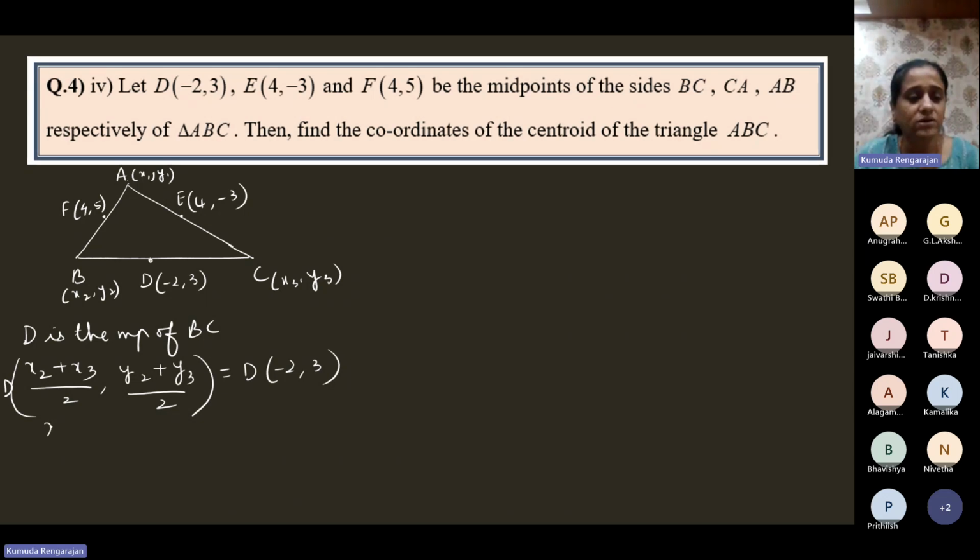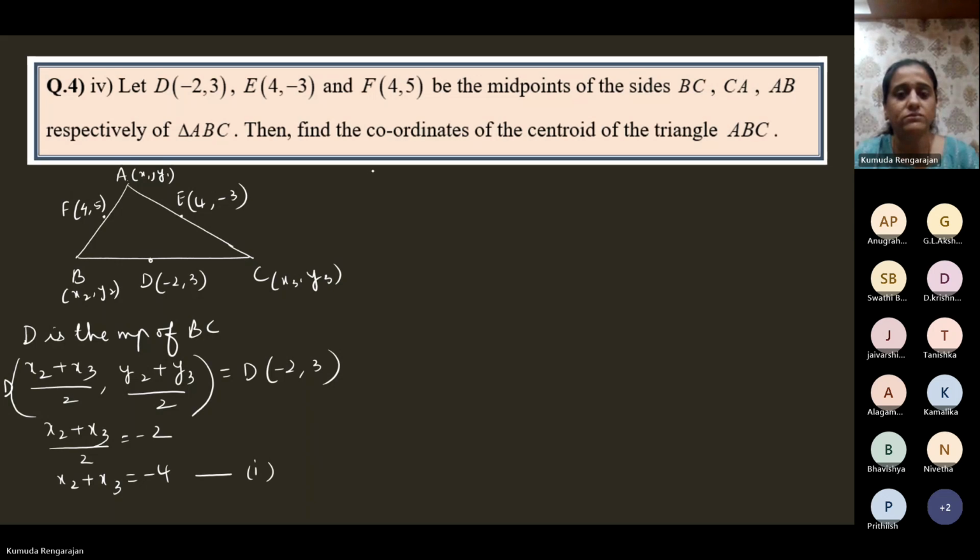So equating, (X2 plus X3) by 2 is equal to -2. X2 plus X3 is equal to -4. (Y2 plus Y3) by 2 is equal to 3. Y2 plus Y3 is equal to 6.